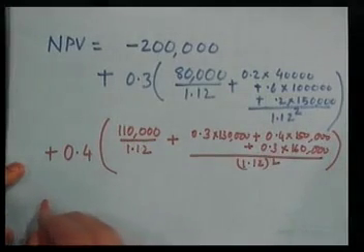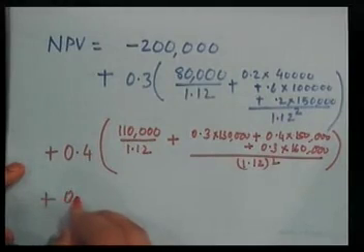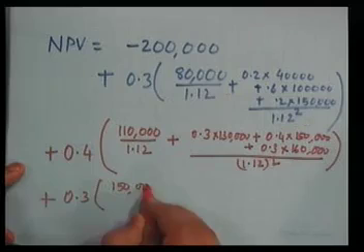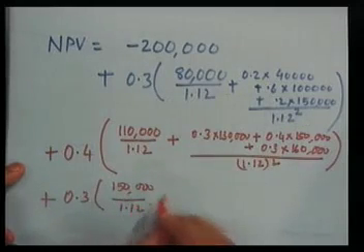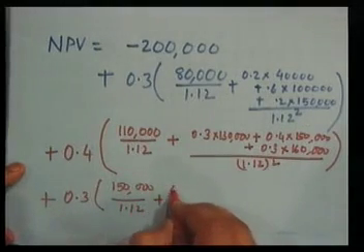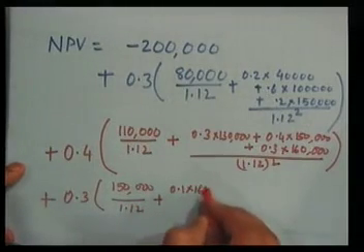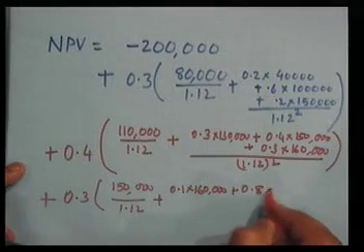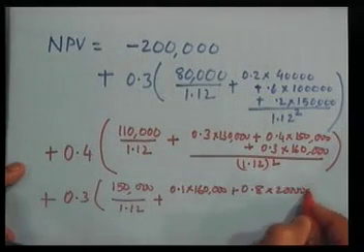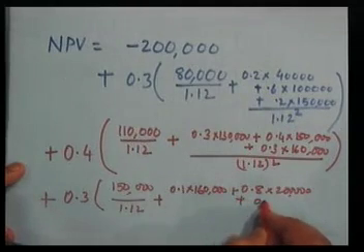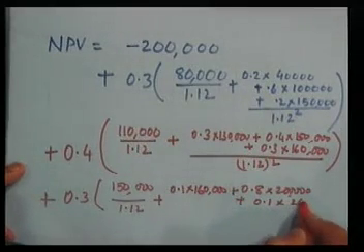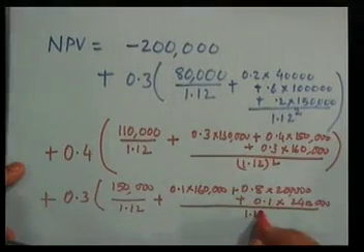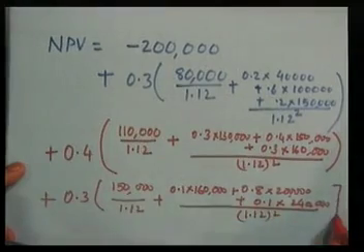And finally, for the last node, it would be plus 0.3 into 150,000 divided by 1.12 plus 0.1 into 160,000 plus 0.8 into 200,000 plus 0.1 into 240,000 divided by 1.12 raised to power 2.